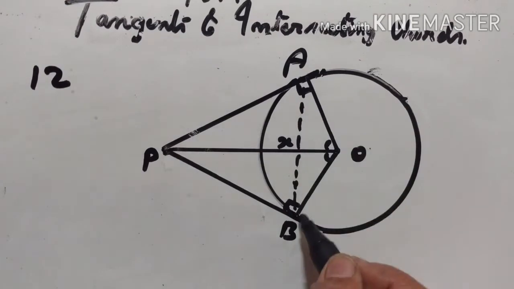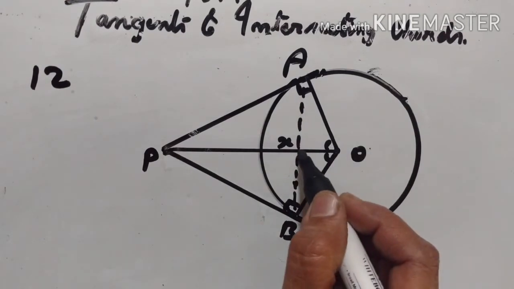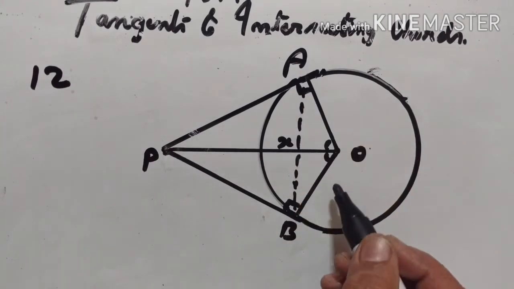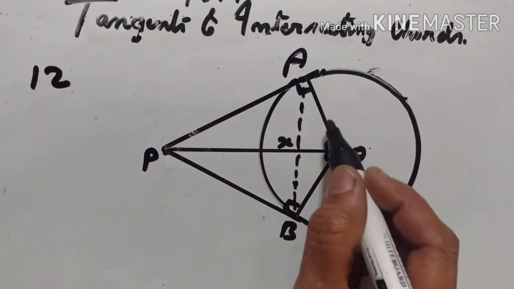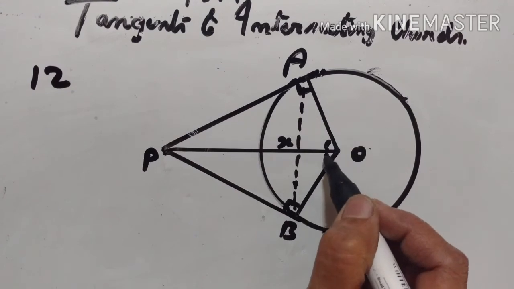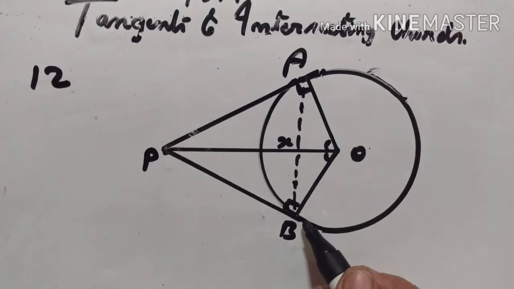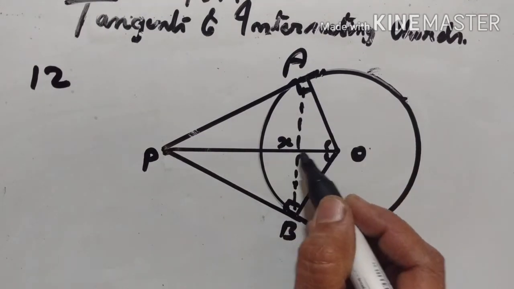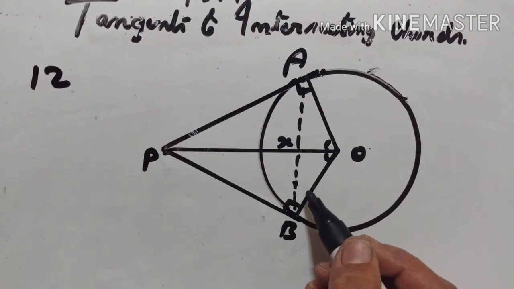OA is equal to OB, radii of the circle. OX is common to both the triangles. Therefore, triangle OAX is congruent to triangle OBX. Side, angle, side postulate, SAS. Therefore, AX is equal to BX. That means OP bisects AB.